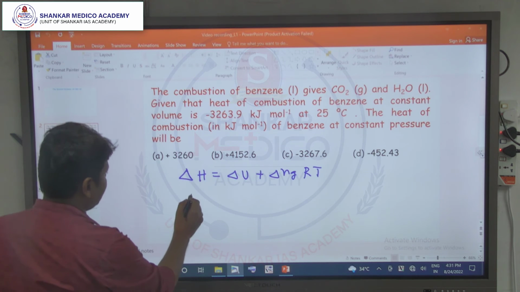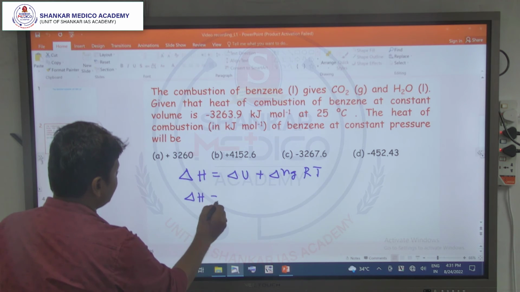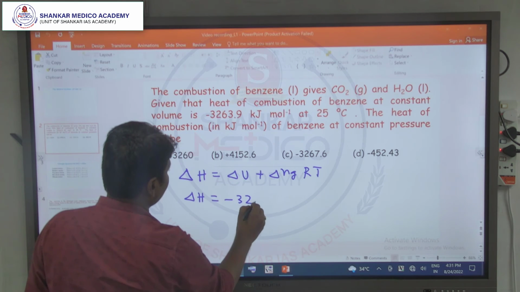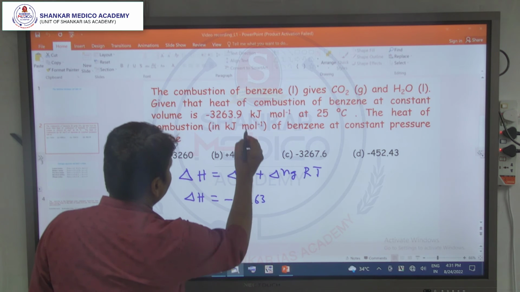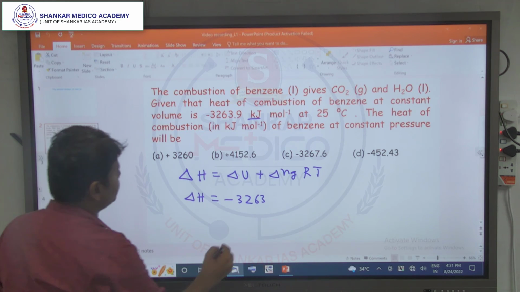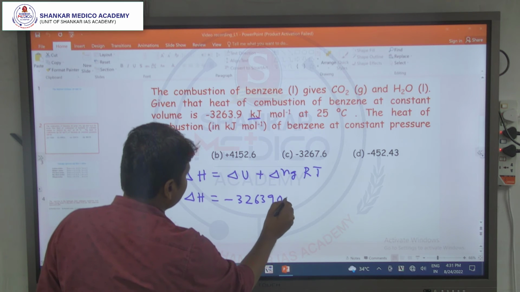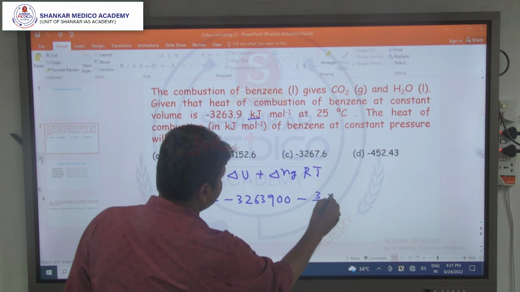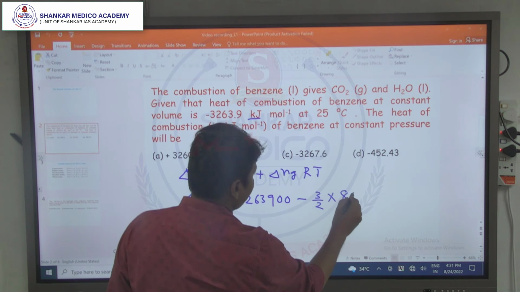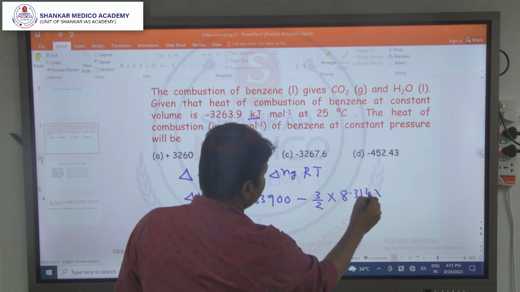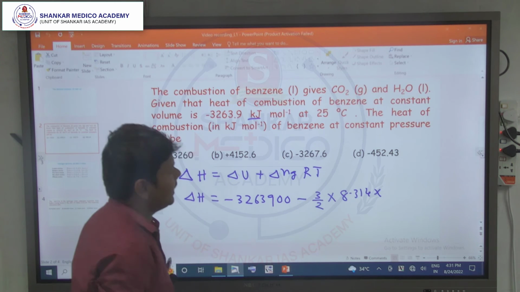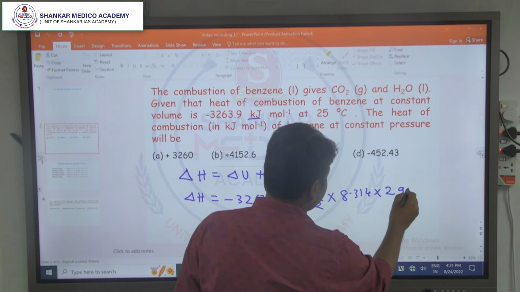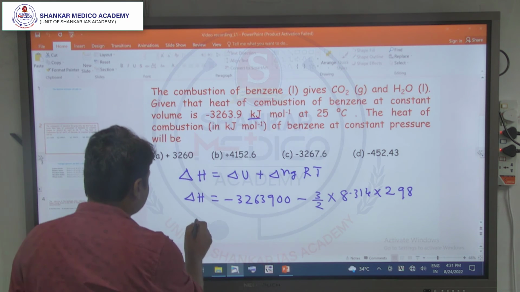In this case, I will be calculating your delta H, because delta U already you know, minus 3263, it is in kilojoules, I am converting into joules. So, 900 minus 3 by 2 multiply by R value is 8.314, then temperature 25 degrees centigrade, we need to convert into Kelvin. So, that gives me 298.